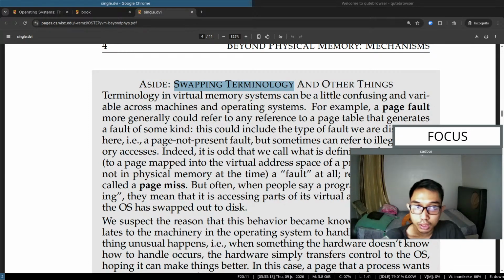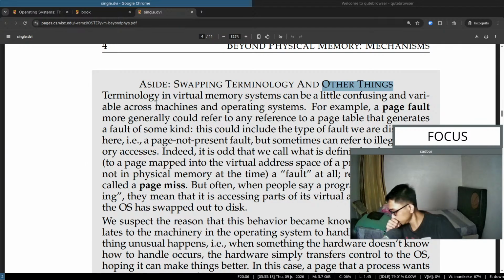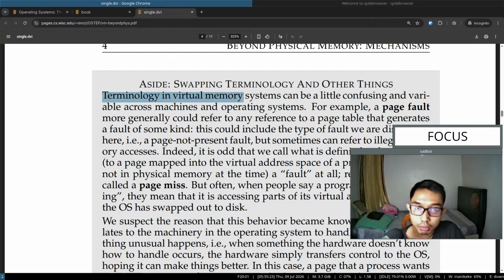Swapping terminology and other things. Okay, terminology in virtual memory systems can be a little confusing and variable across machines and operating systems.